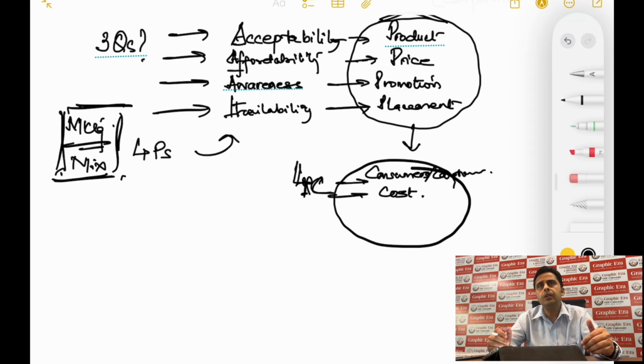I'll give an example. Let's say you open a restaurant or a shop at a very busy location of the city, which might be very easily accessible in terms of being in the heart, but you don't have a parking space.